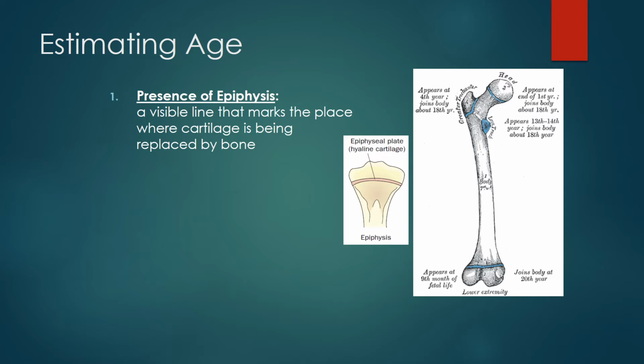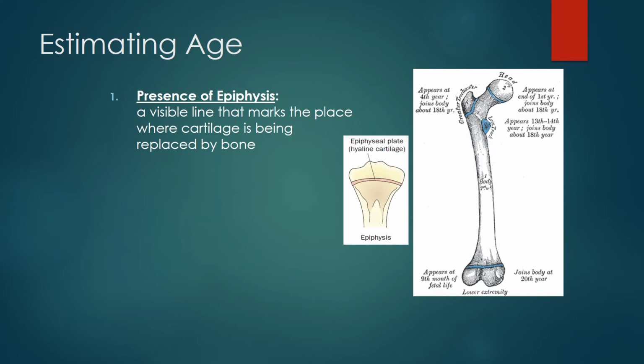So some of you guys, your greater trochanters are joining that shaft, and yeah, it's a special time when that happens. We also have the lesser trochanter here, which appears around the 13th or 14th year, and then joins the body around the 18th year.